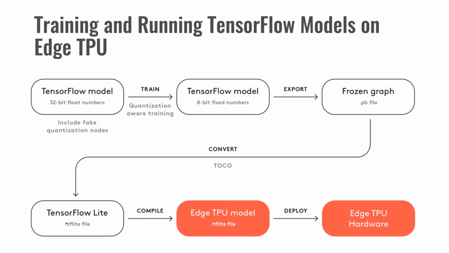That format cannot be directly executed on Edge TPU. You need to take it through one more level where we actually convert the TensorFlow Lite to an Edge TPU TensorFlow Lite. So there is a subtle difference between the TF Lite generated for mobile devices versus the TF Lite generated for Edge TPU. So we need to go through that.